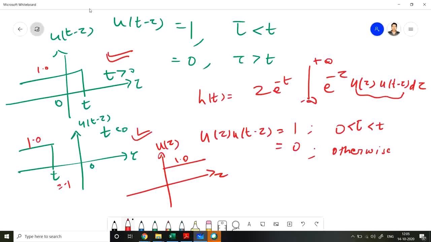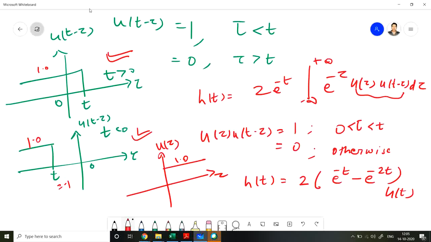So h(t) is equal to 2 e raised to the power minus t minus e raised to the power minus 2t into u(t). Obviously, we get everything on the positive axis only, because if we multiply u(tau) with u(t minus tau), there is no overlapping region, so the product equals 0. That's why we have taken the tau range from 0 to t only.